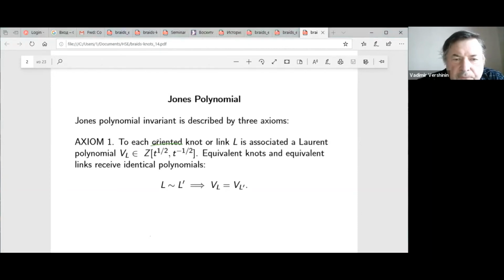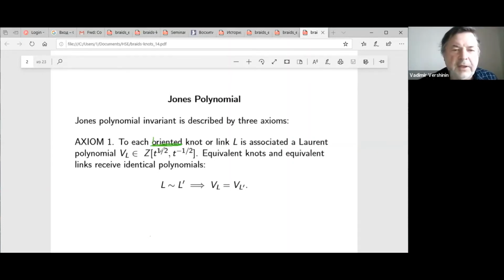Remember that for the Hopf link, with the other orientation we get a negative linking number and another Alexander polynomial. The same way here, an oriented link is associated with a Laurent polynomial.